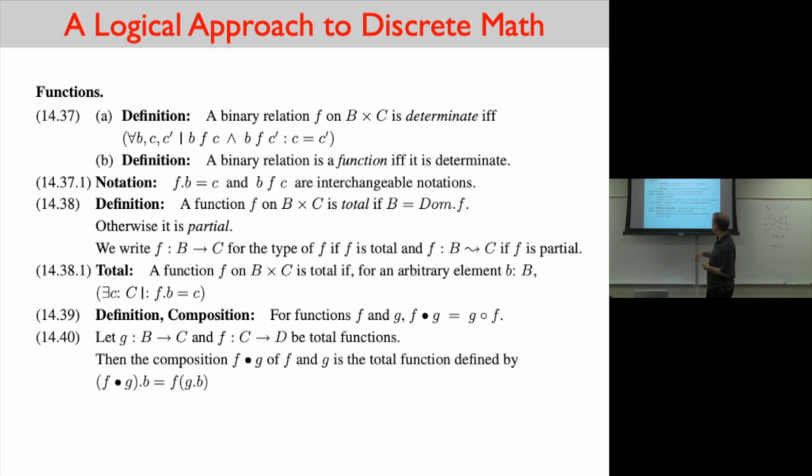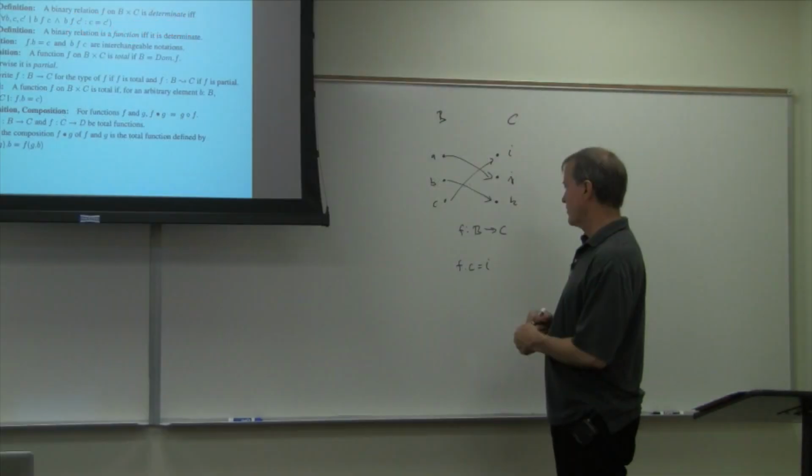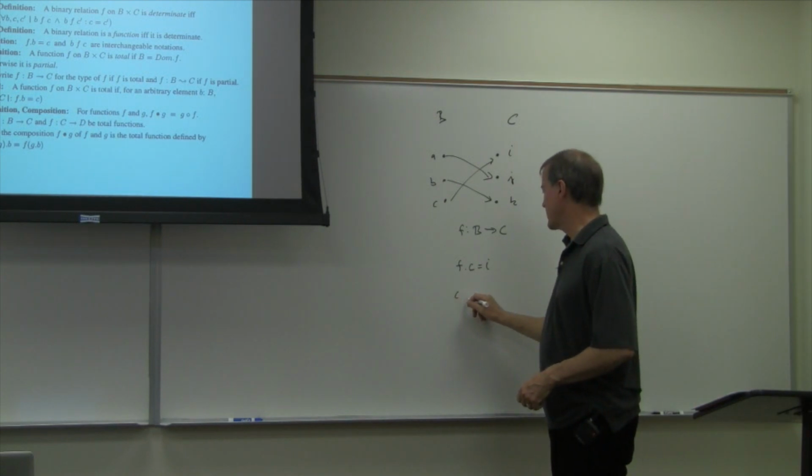Yes, 14.37.1: f dot B equals C and BFC are interchangeable notations. So when we were doing this with relations, we would say CFI.